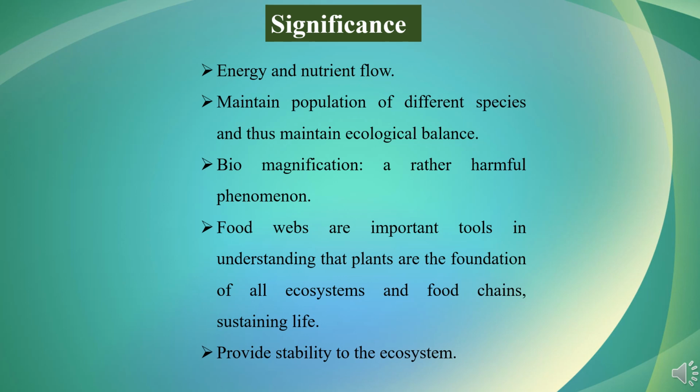Top-down control occurs when the population density of a consumer can control that of its resource. For example, predator populations can control the abundance of prey species. Under top-down control, the abundance or biomass of lower trophic levels depends on effects from consumers at higher trophic levels.